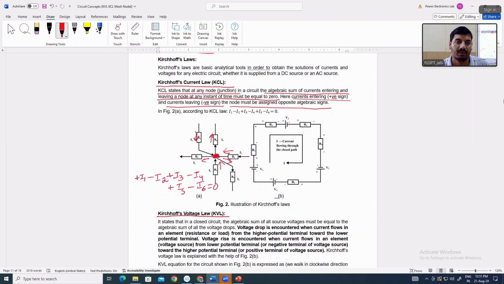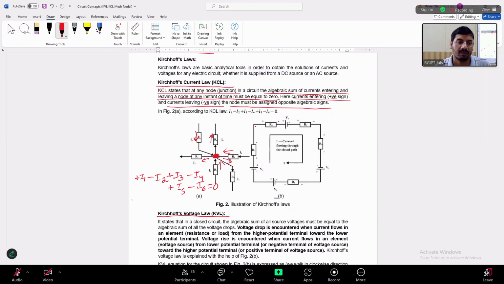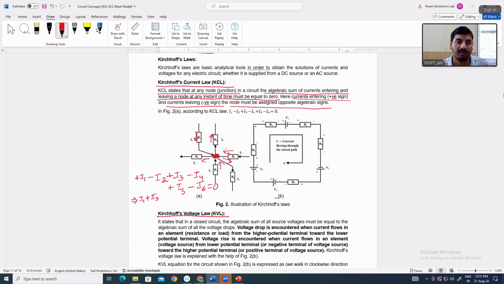So it means I1 plus I3 plus I5 is equal to I2 plus I4 plus I6, right? I1, I3, I5 are currents entering this node. I2, I4, I6 are currents leaving the node.